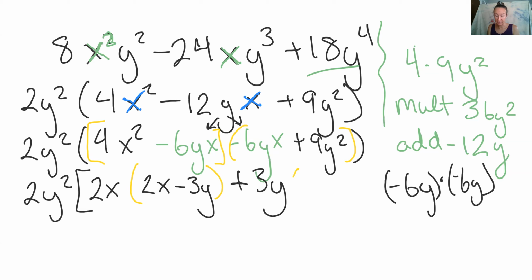And then left inside is going to be a negative 2x. And, oops, sorry, let me put them in black. A negative 2x and a positive 3y.